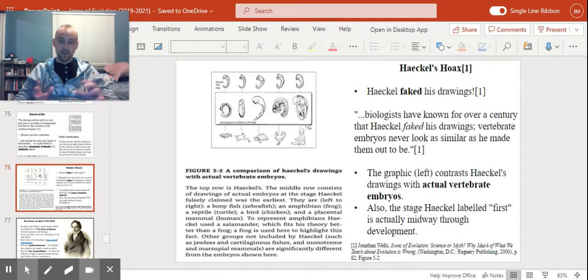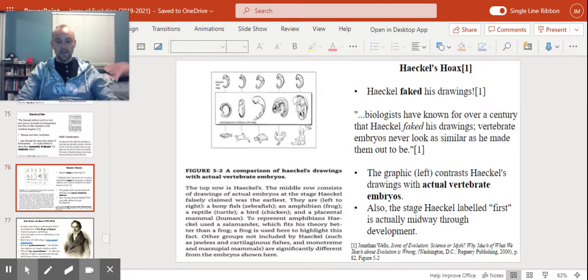They may look similar at different stages, but he faked the drawings and rearranged them to make it look like the embryos were more similar at earlier stages than was actually the case.